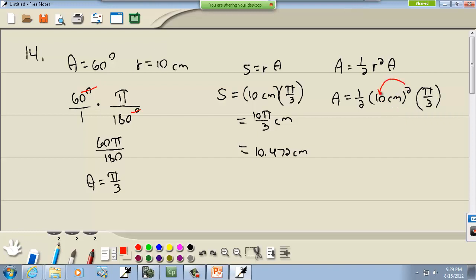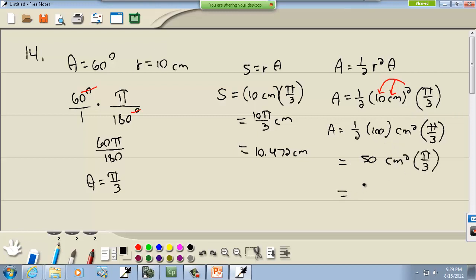So you can take the 10 to that power and the centimeters to that power. So this gives us 1/2 times 10 squared, which is 100, times centimeter squared, pi over 3. Well, that gives us 50, 1/2 times 100, centimeter squared times pi over 3. So that gives us 50 pi over 3 centimeters squared.